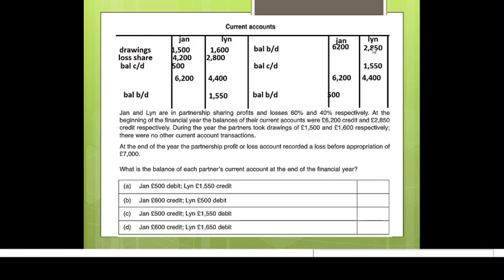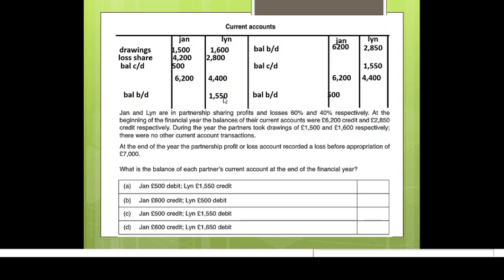Whereas Lynn started off with a positive as well. However, they took cash out and they had a loss. They started with a positive, though the drawings and the loss together were much more than how much they had in their account. They ended up with a negative balance.